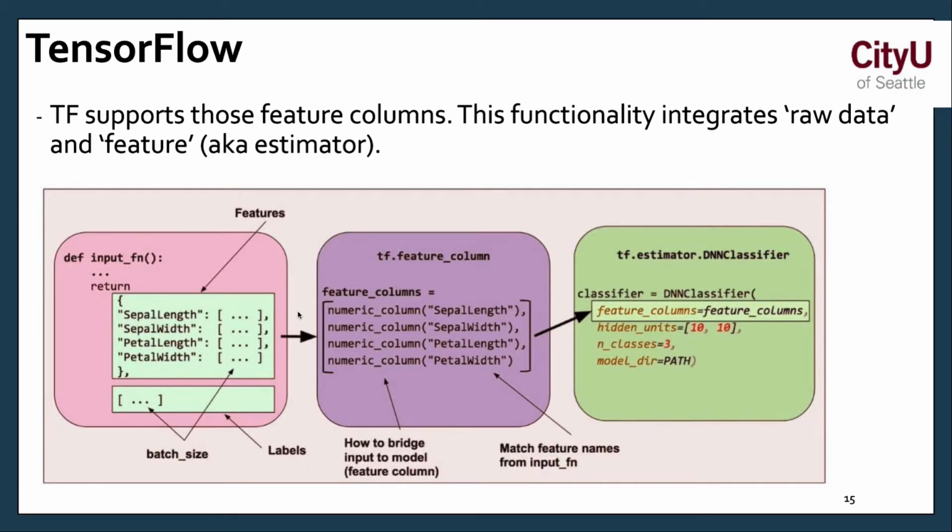As you can see in flowers, you want to identify the length and the width of both sepal and petal. Define the batch size, and for the feature column as well, you want to match it from the features, the input. And then you have the estimators to have that classification ready.